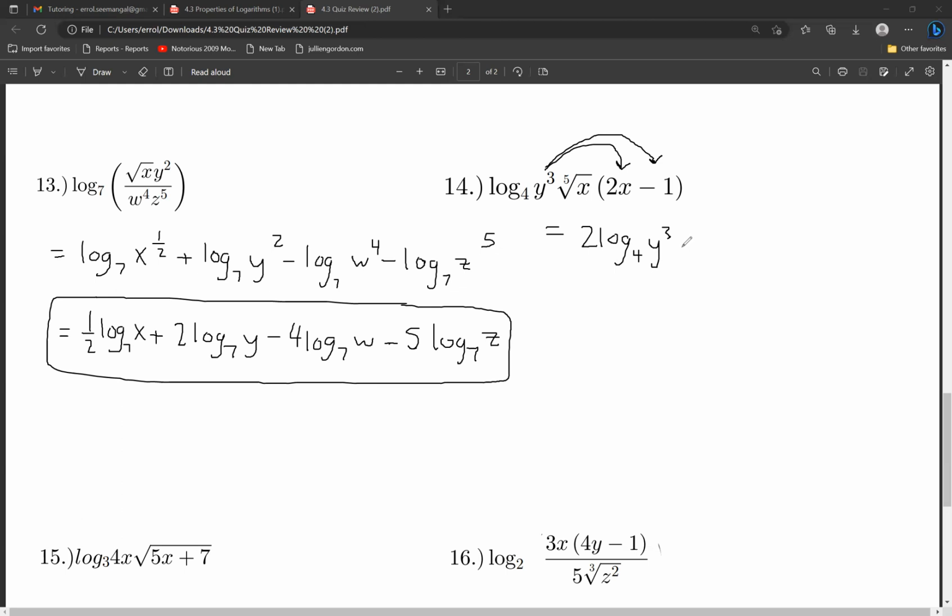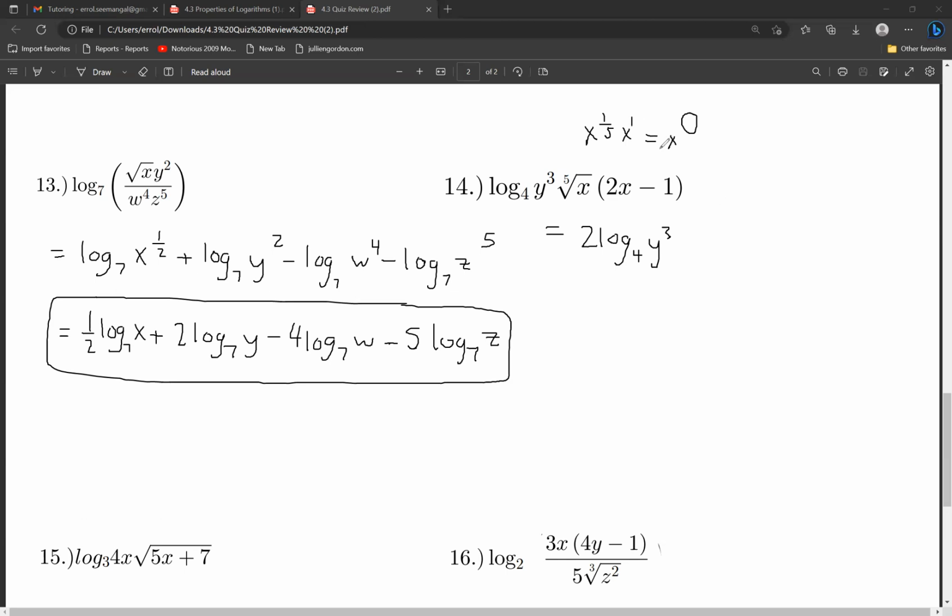2 log 4 y3. What's the x going to be now? What is x to the 1/5, like you said a minute ago, times x? What's the new exponent there? Just add them, right?